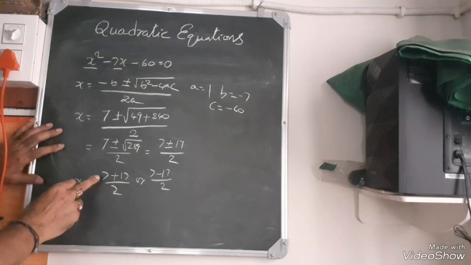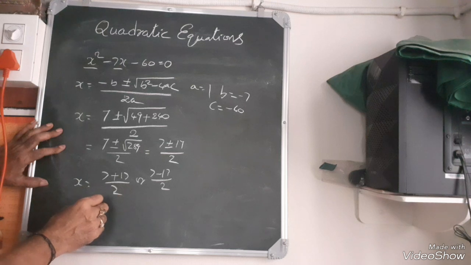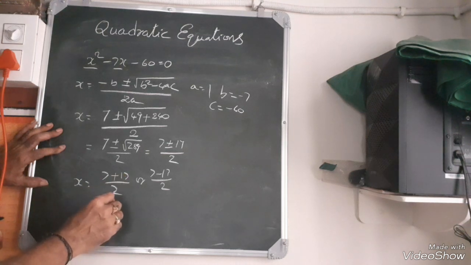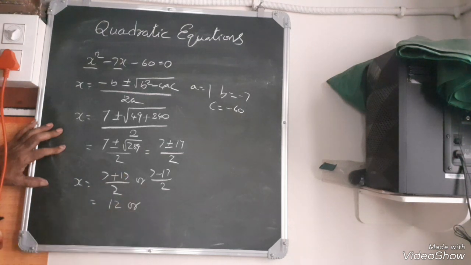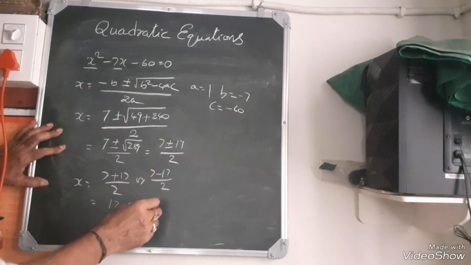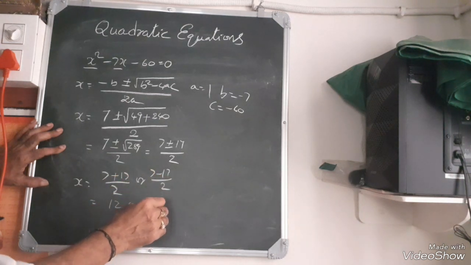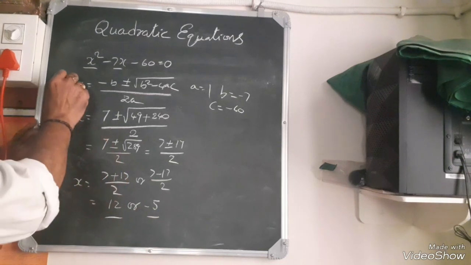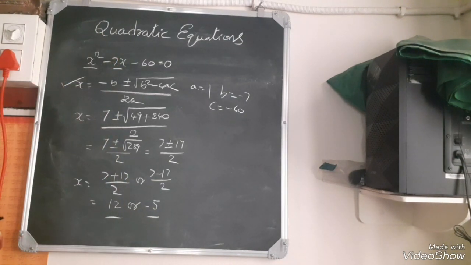Okay. Now 7 plus 17, 24 by 2, we get 12. Or 7 minus 17, minus 10 by 2, minus 5. So with the help of the formula also, we can find the solution or roots of the quadratic equation.